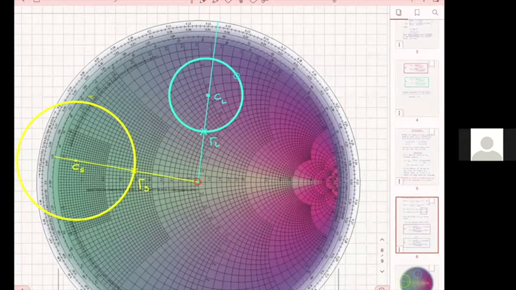The longer the lines and the longer the stubs I have to incorporate. Remember that? What happens if I have long sections of lines and long stubs? They change much faster versus frequency. So the further out I am from the center of the chart, the more vulnerable I am to frequency changes because of my matching networks.